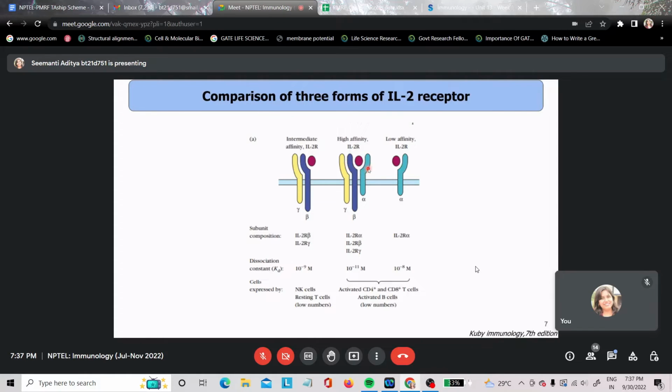So the alpha subunit alone bound to the ligand, or the beta subunit and gamma subunit alone bound to the ligand, cannot activate the responses. All three subunits have to be bound. First the alpha subunit binds to the ligand, and secondly the beta subunit binds to this ligand-associated alpha subunit and mediates the signaling.